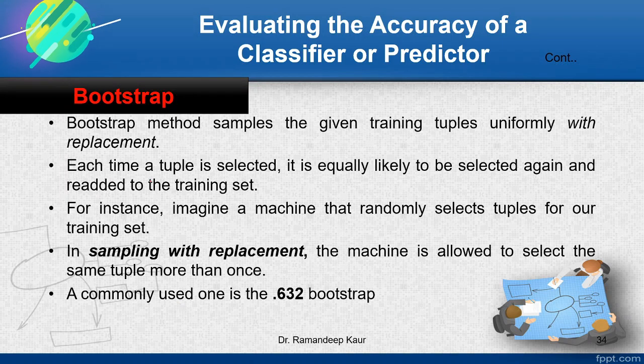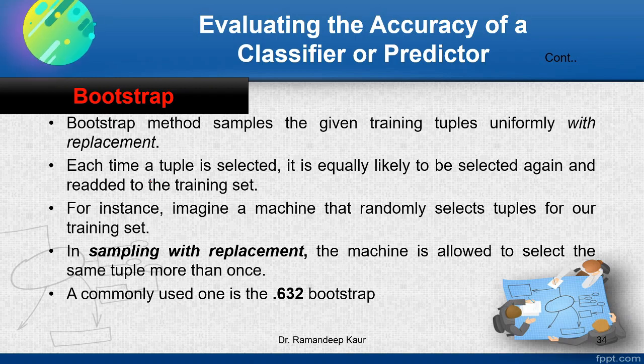Now the third technique is bootstrap. The bootstrap uses sampling, so let's say I have a bag of balls colored red, blue and black, and I have to identify the probability of which ball is selected. There are methods depending on whether, when I pick a ball and count it, I put it back in the bag or not.